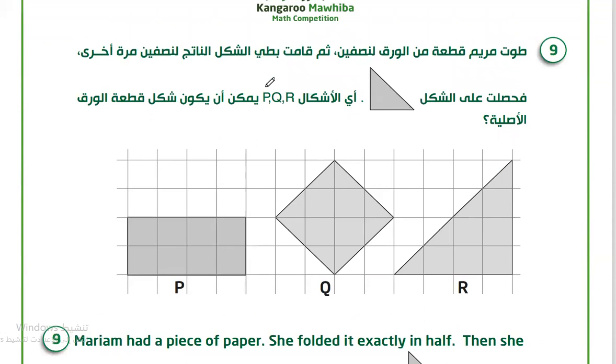If we imagine P, if we fold it in half and then fold it again, it's going to be a small rectangle, so it's going to be wrong. Q or R, if we fold it in half and then fold it again, it's going to be the same shape. So I think it's going to be Q.